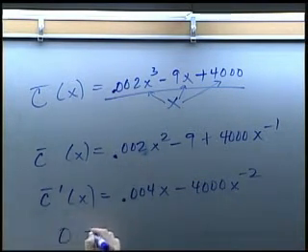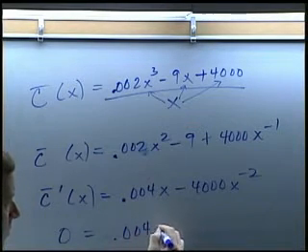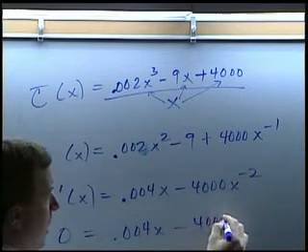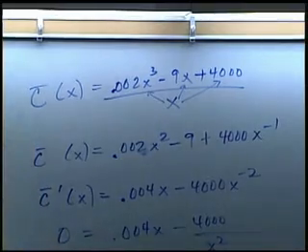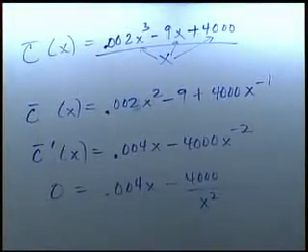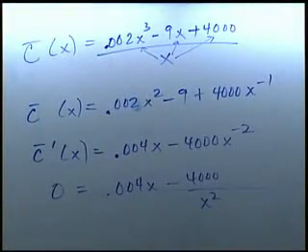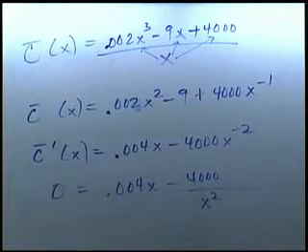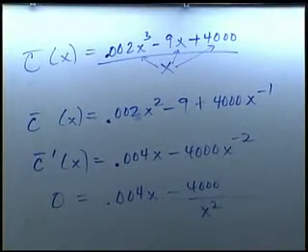Okay, I want to set this to 0. And when I'm ready to set it equal to 0, I probably want to rewrite that as a positive power again. It's just a little easier to do computation with positive numbers. All right, what do you recommend we do to solve this for x? There's more than one way to go about it, but what's one possibility?